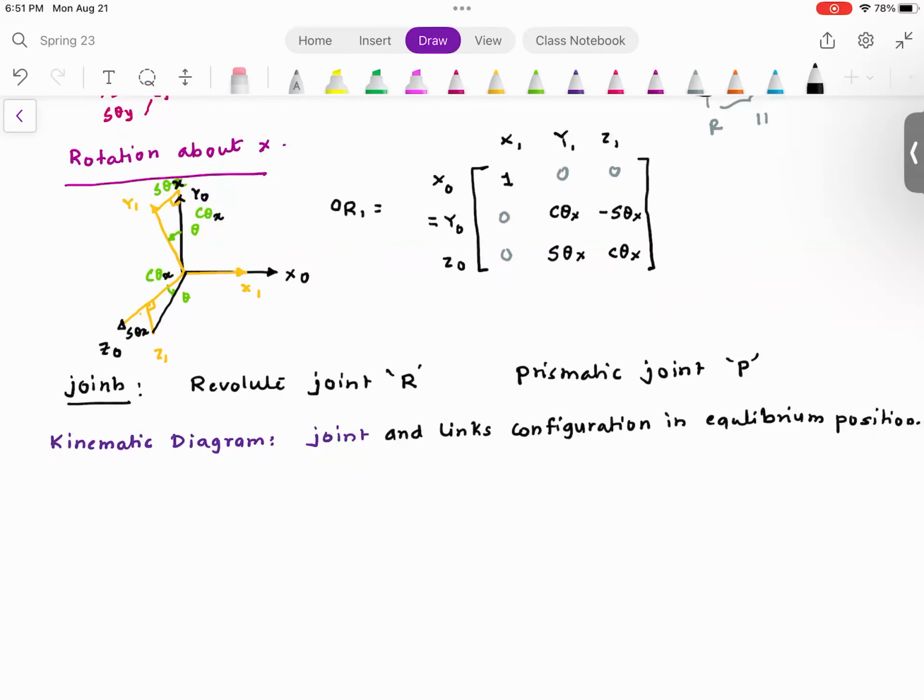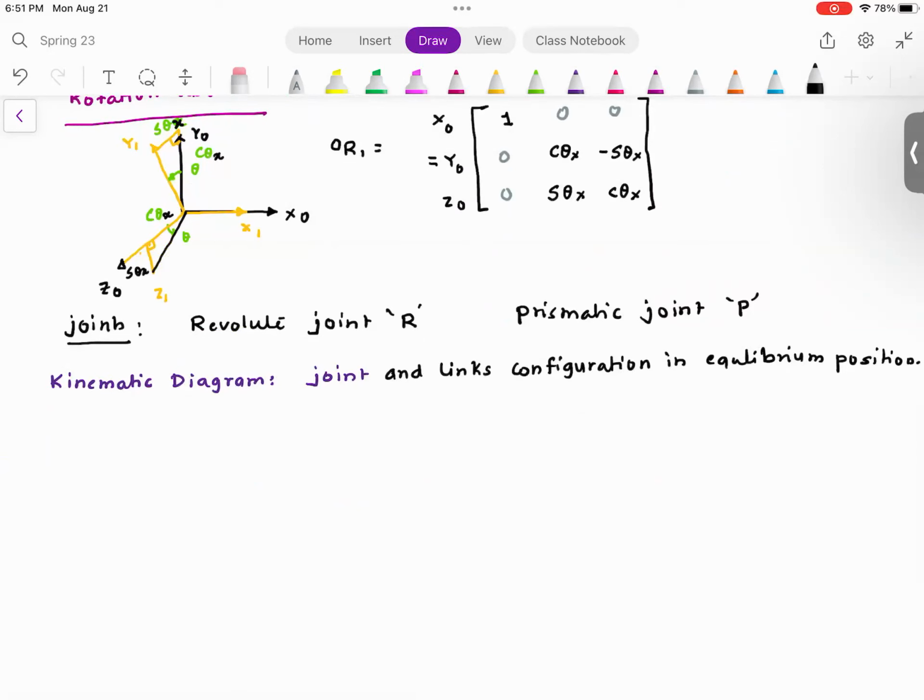So what does that mean? Imagine you have the robot, and I want to represent it something like this. This is the first revolute joint, and this is the second revolute joint.